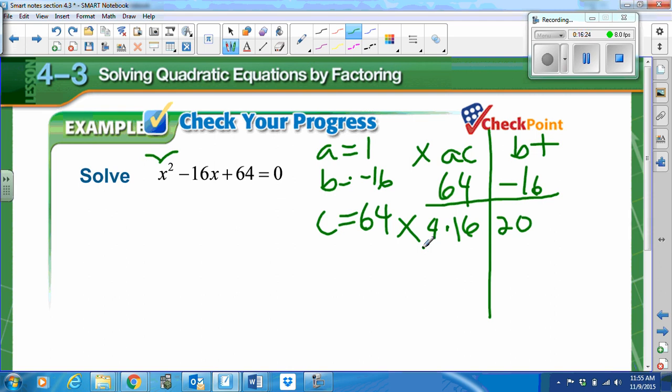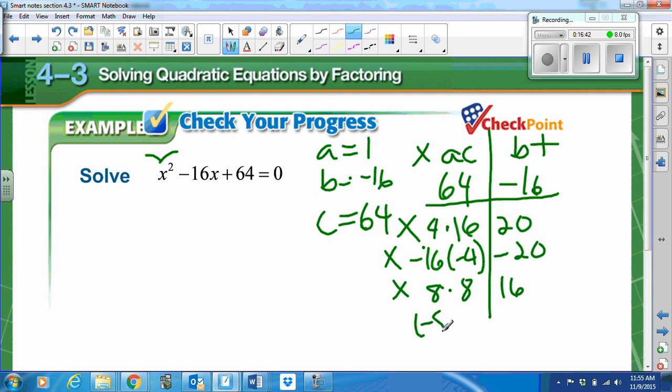I could say negative 16 times negative 4 gives us 64, but that adds to negative 20. I could say 8 times 8 multiplies together to be 64, but it adds together to be positive 16. Negative 8 times negative 8 multiplies together to give us positive 64 and adds together to give us negative 16.